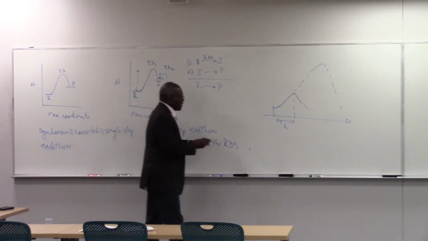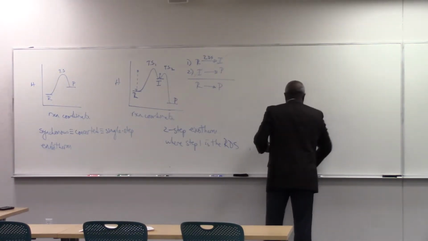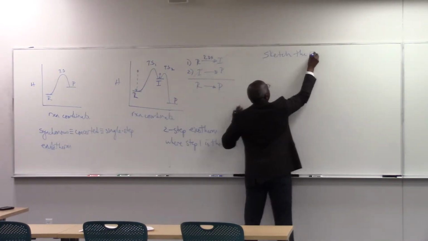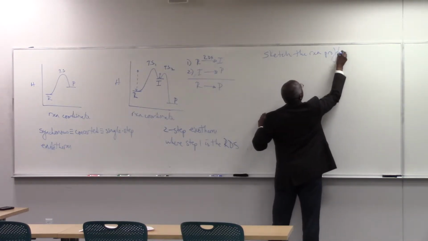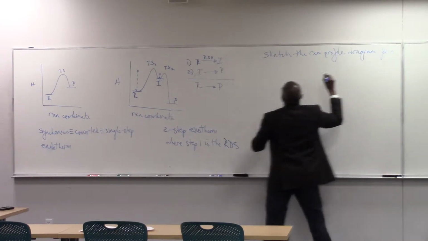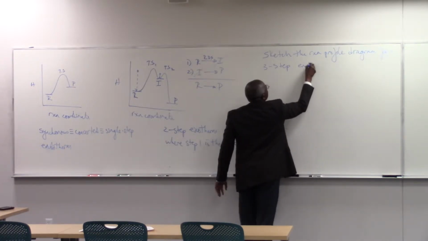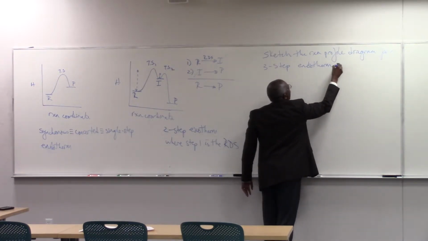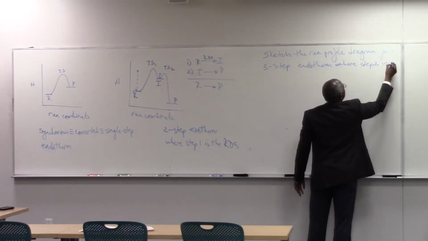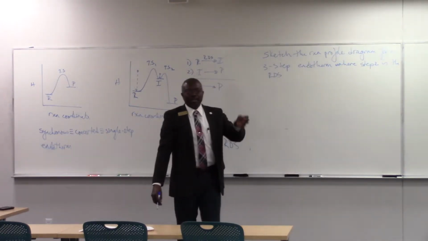Okay? Let's do another one. Let's say I ask you to sketch the reaction profile diagram for a 3-step endotherm where step 2 is the RDS, or step 2 is rate limiting or rate determining.